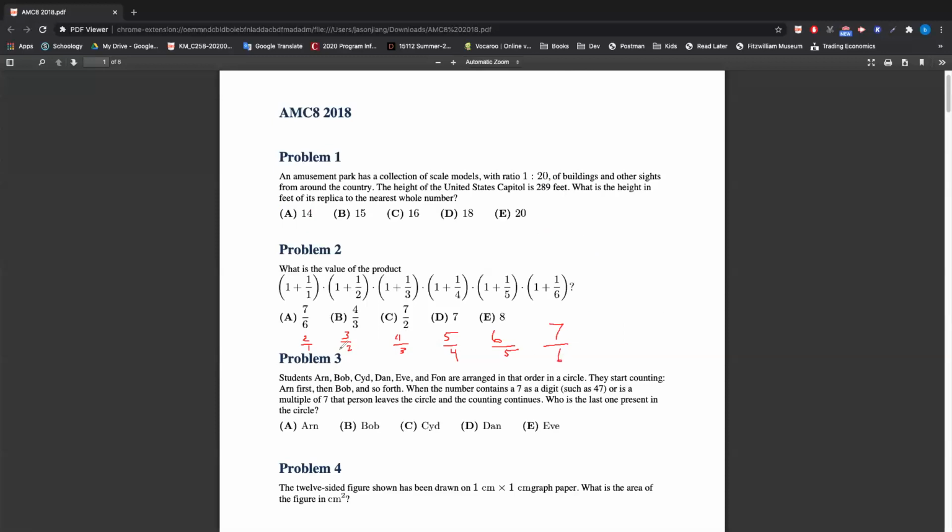And we can see that there's a 2 in the numerator and denominator, and because we're multiplying, we can just cancel this out. And we can do the same for everything else as well. That leaves us with a 7 on top and a 1 on the bottom. So the 1 doesn't matter because it's just 1. So we're left with our answer of 7.